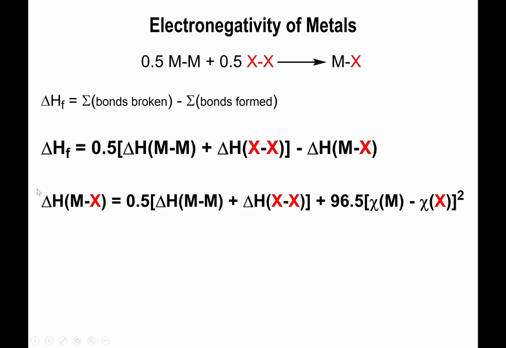And when you substitute the value of delta H MX back into this equation, what's going to happen is that the half delta H MM plus half delta H XX will cancel out completely, and all you'll end up with will be negative 96.5 times the electronegativity difference squared.